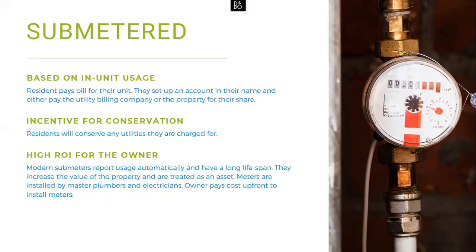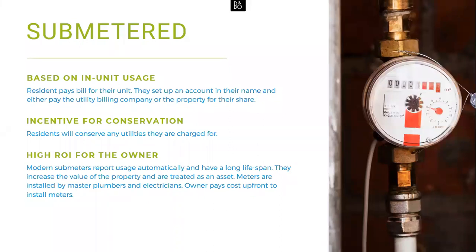Okay. So those are the cons. Why do we like sub-metering? Let's talk about that. Absolutely. For new construction, for example, it's a wonderful solution. What's great is it's based on a resident's actual in-unit usage, which is fair. They're able to see that they are using so much water on each bill, and they can adjust their behavior accordingly.